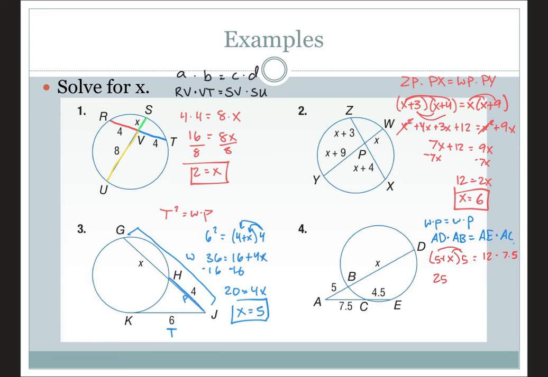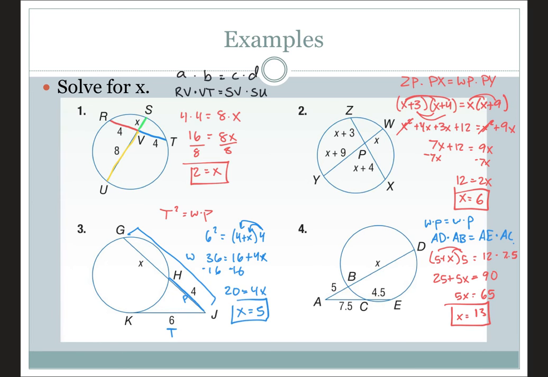So I have 25 plus 5x is equal to, that becomes 90. 90 minus 25 is 65. And then divide by 5, x is equal to 13.